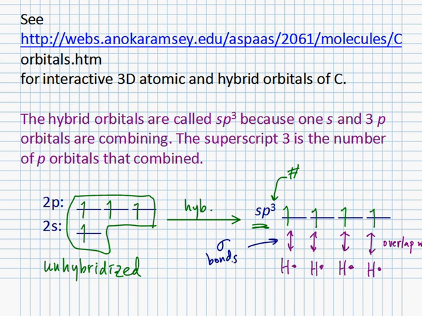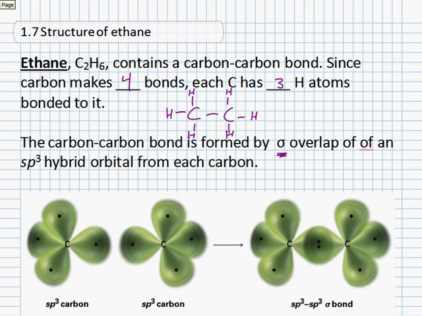Where there are 4 bonds directly in between the carbon and each of those hydrogens. So in ethane, there's a sigma bond in between the carbon-carbon, and also sigma bonds for all the carbon-hydrogens. Right?